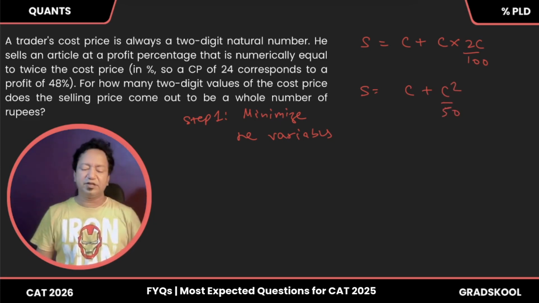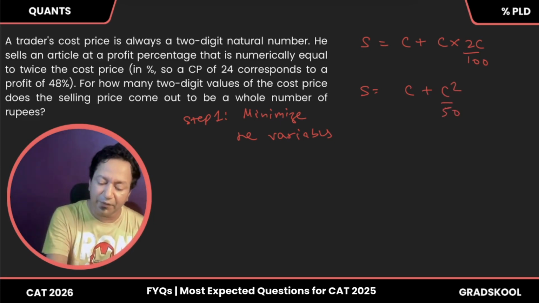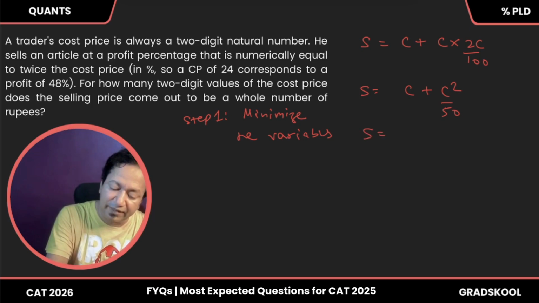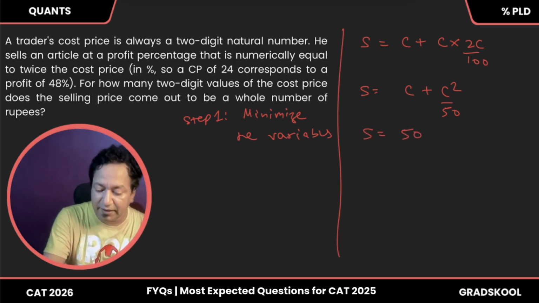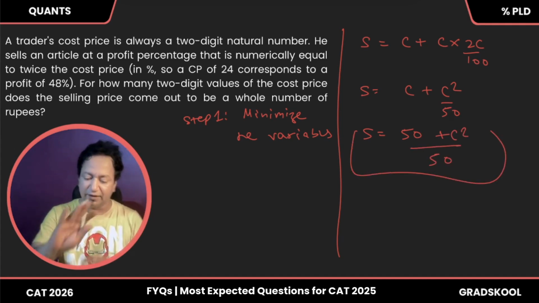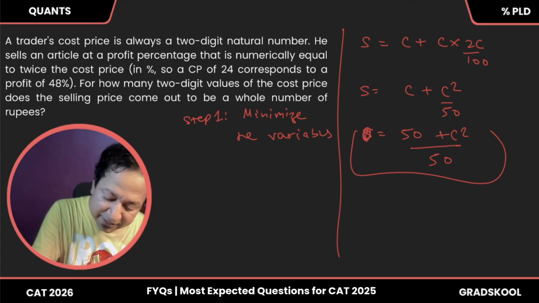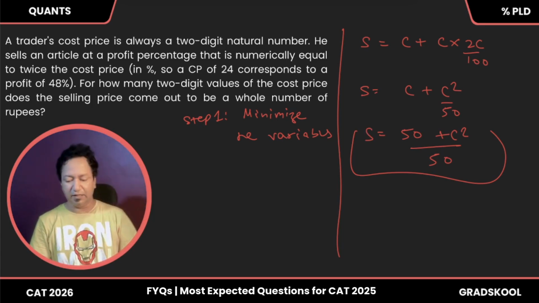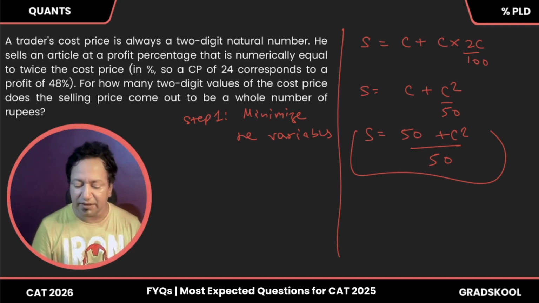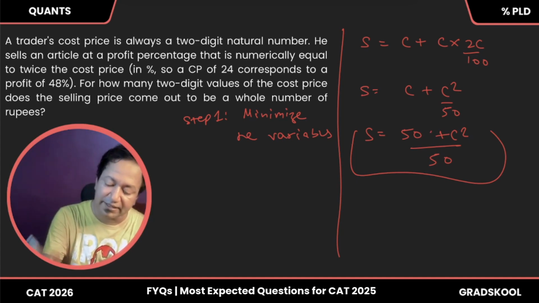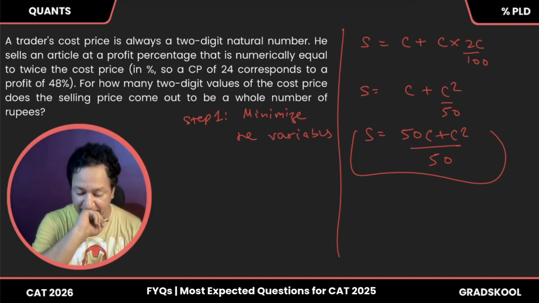Now I will multiply the C part by 50, and now I have a proper fraction. So S here is basically a whole number. How can S be a whole number? That is what we need to understand. 50C plus C square upon 50.